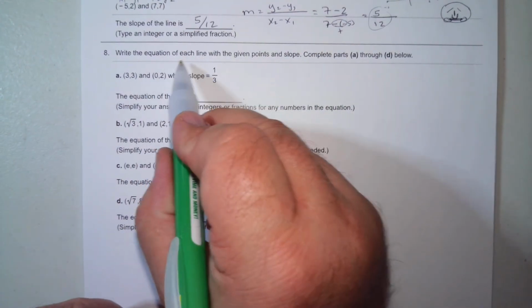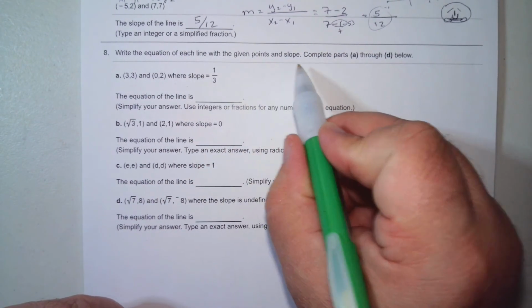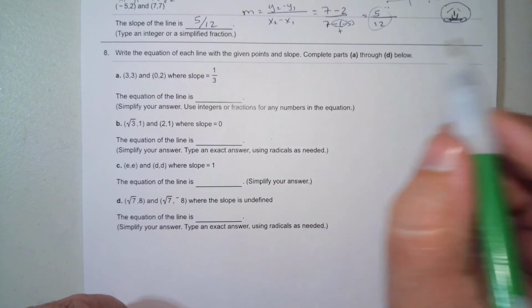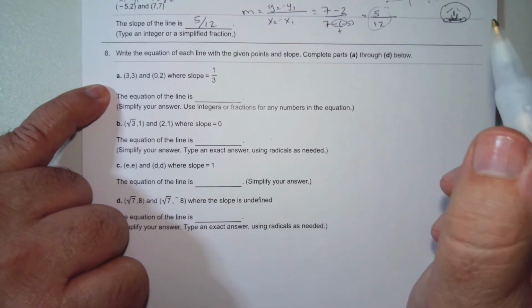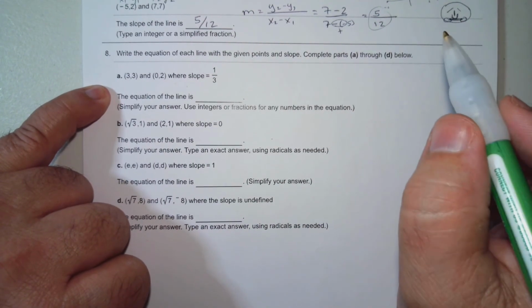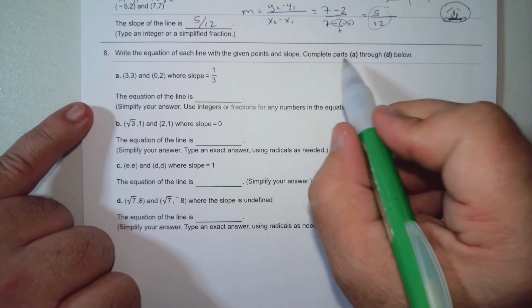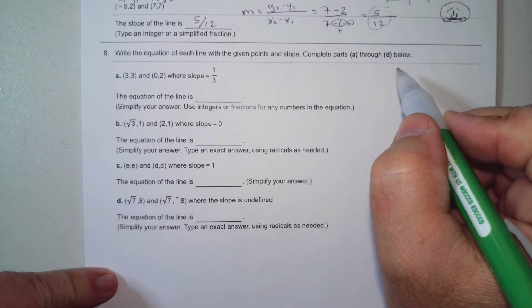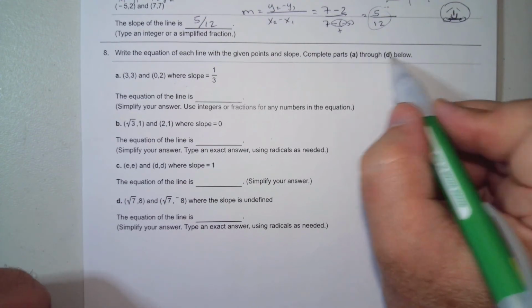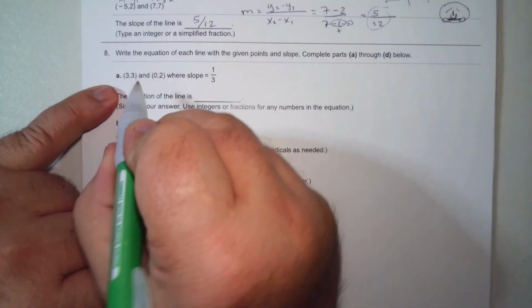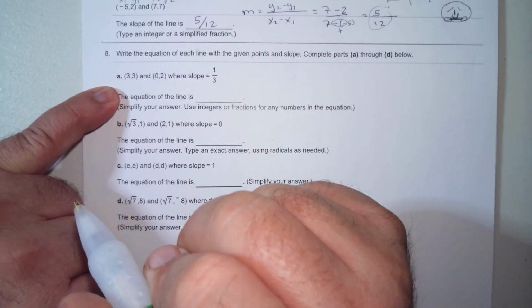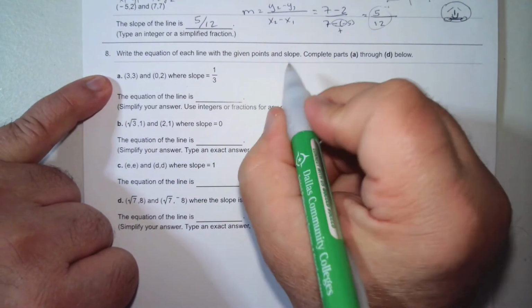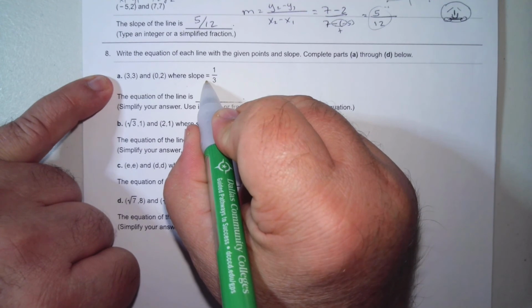Write the equation of each line with the given point and slope. Complete parts A and B below. So we have two points and the slope, and we're looking for the equation of the line.